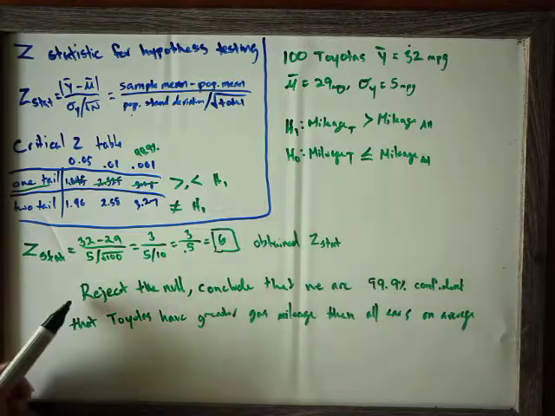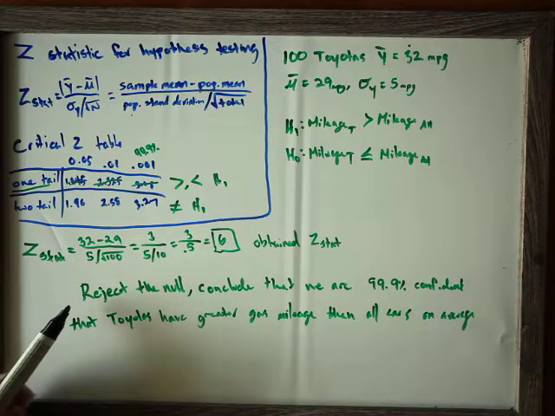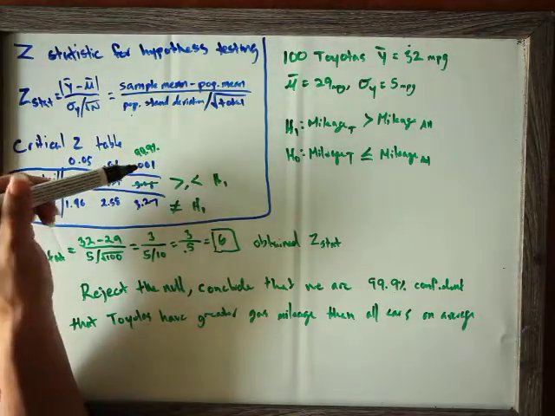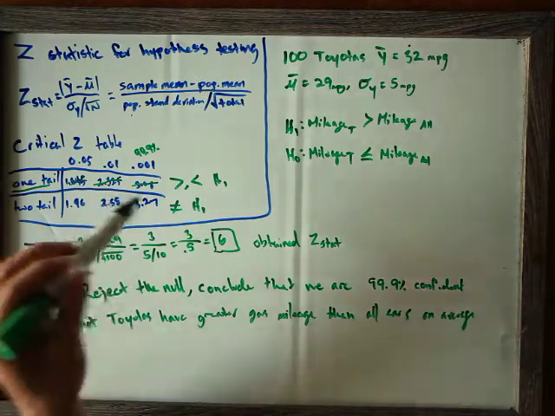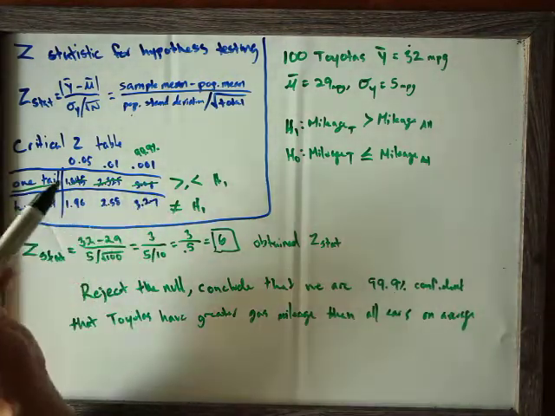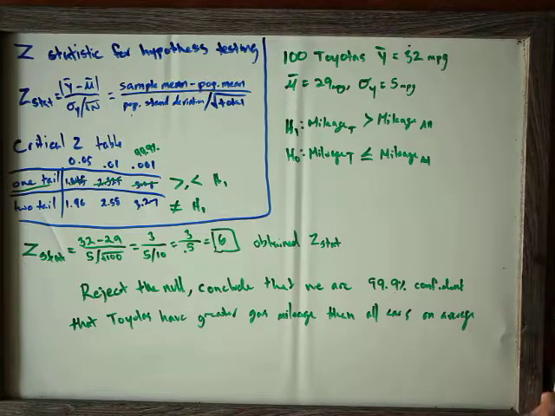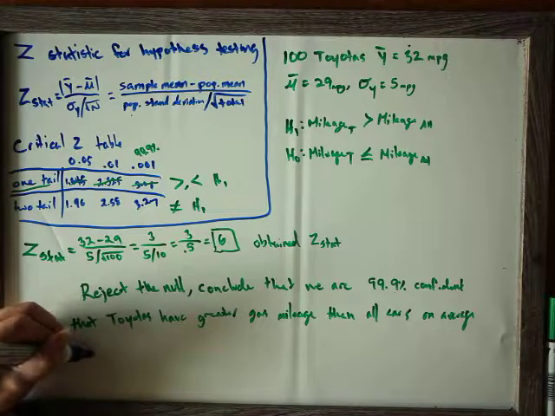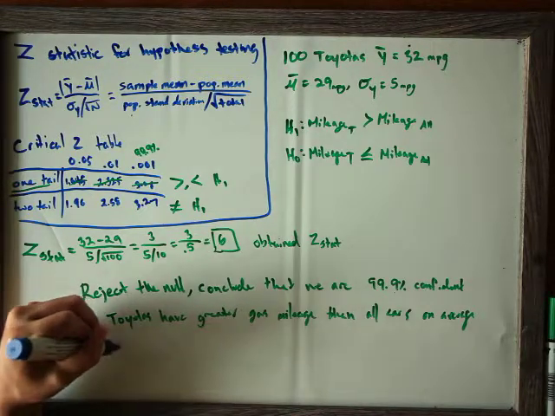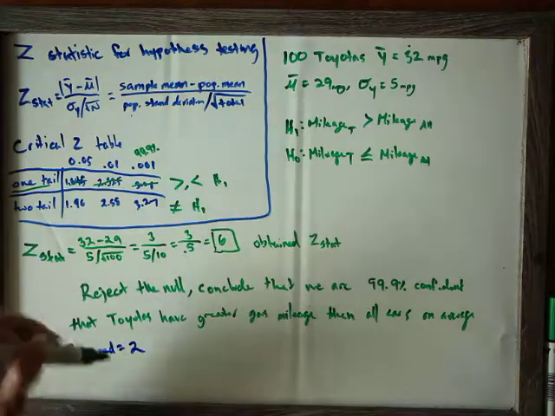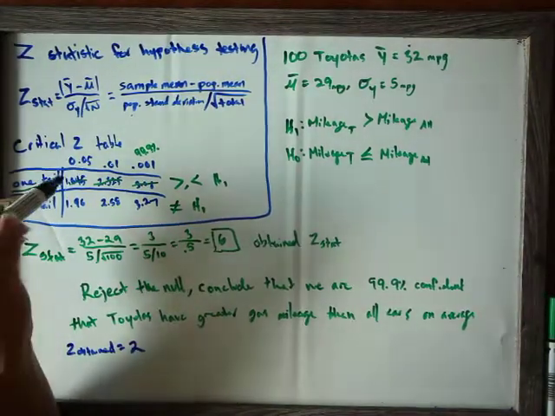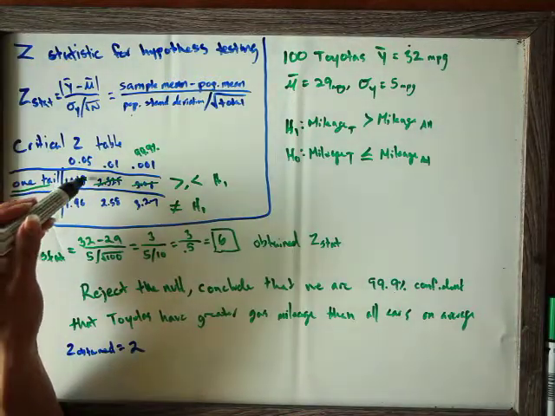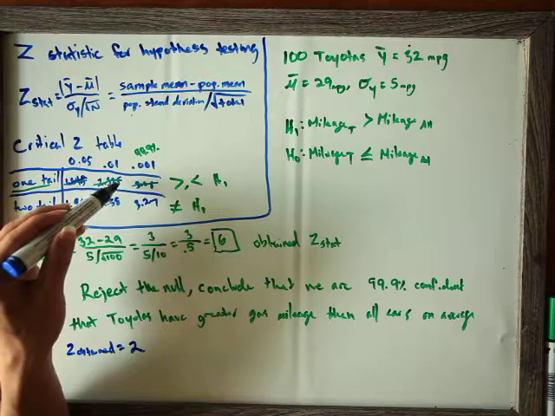So this is the full interpretation of our obtained z-statistic of 6. The first thing we do is decide whether we reject the null or fail to reject the null. Then we form a conclusion based on the alpha level that we were able to surpass. In this case, we were able to surpass all of the alphas. However, if we obtained a z-statistic of 2, we would compare it to these values up here. Is 2 greater than 1.645? Yes. Is it greater than 2.325?